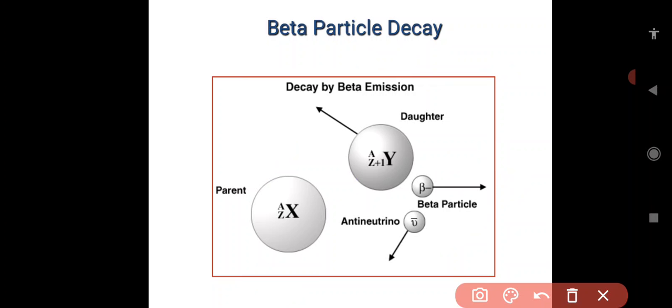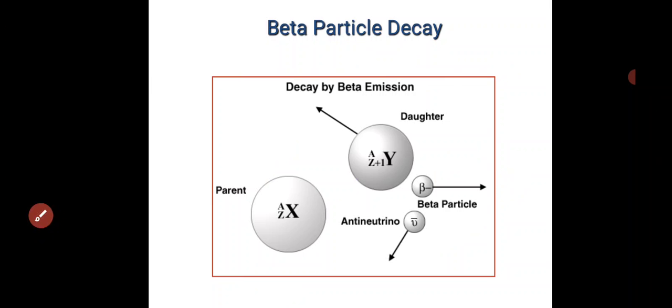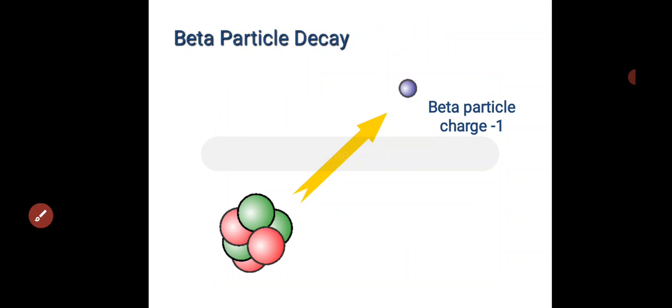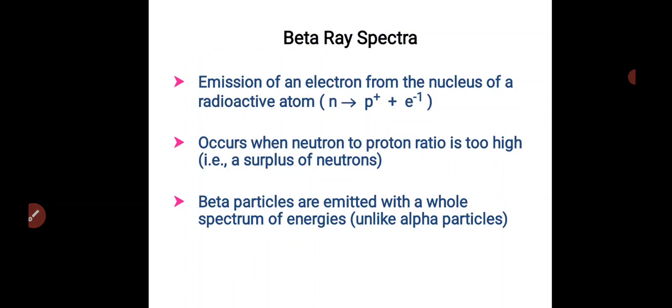See, the question may ask you to explain beta decay or give an example for beta decay. See here, it is the emission of an electron from the nucleus of a radioactive atom.